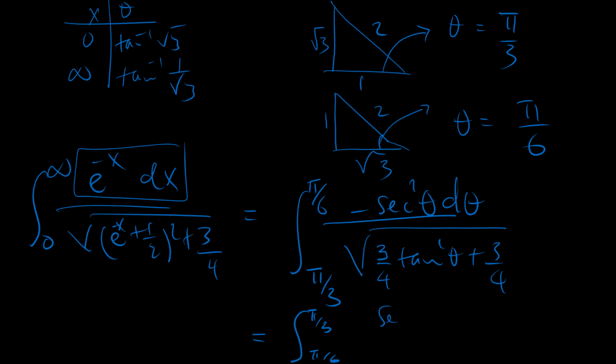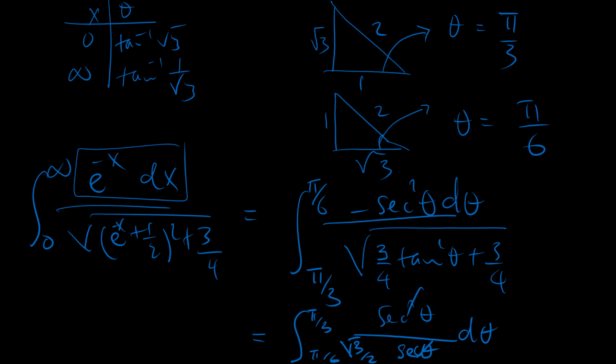So we have sec squared theta, and when we pull 3 over 4 out, we have 3 over 4 times tan squared theta plus 1, which is the same as sec squared theta. Then the square root gives sec theta d theta, and the squared and the square root cancel.